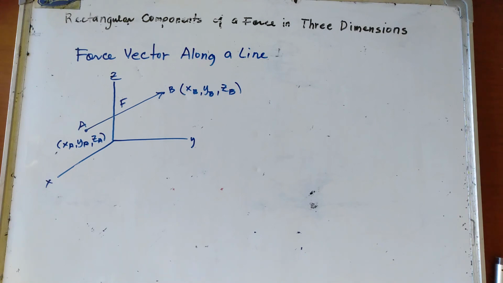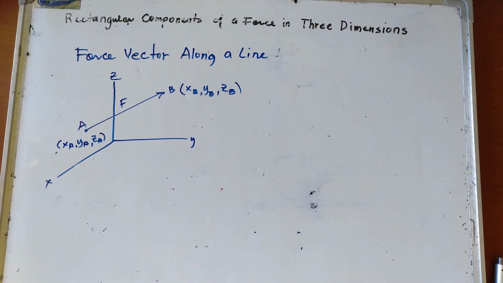So this vector F can be expressed as a Cartesian vector by realizing that it has the same direction and sense as a position vector r acting along its line of action.